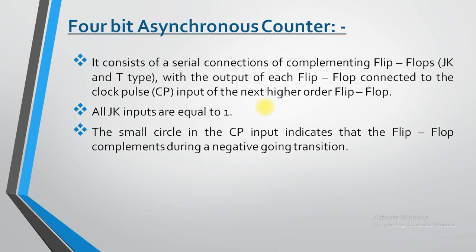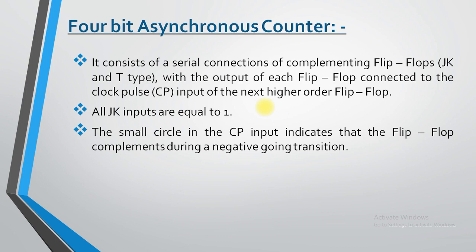The 4-bit asynchronous counter is in our syllabus, right? That is the last point given in the syllabus: explain the asynchronous 4-bit binary counter. So here is the list of points related to the 4-bit asynchronous counter.